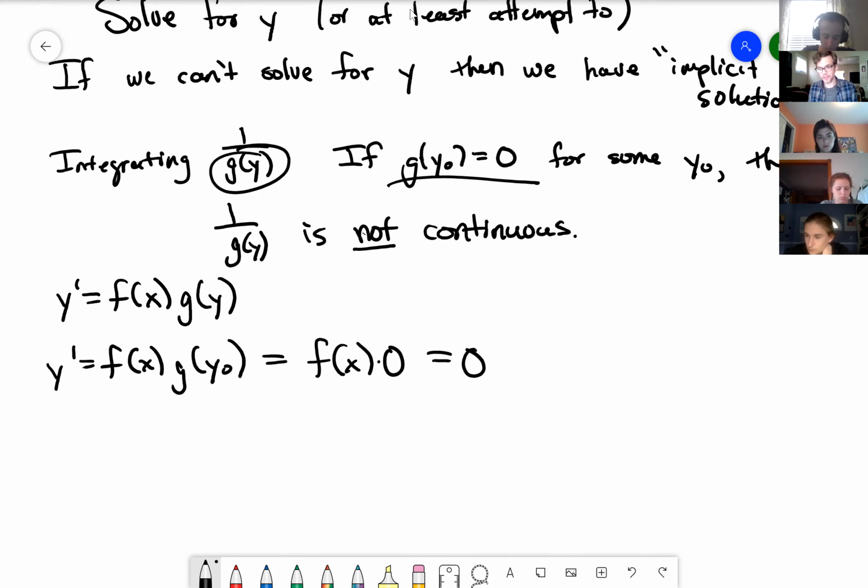And what is this telling us at this point? y prime is equal to 0, right? The derivative of y is equal to 0, which means the value of y does not change.